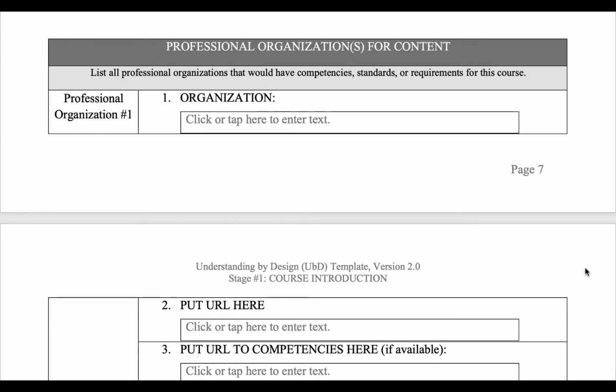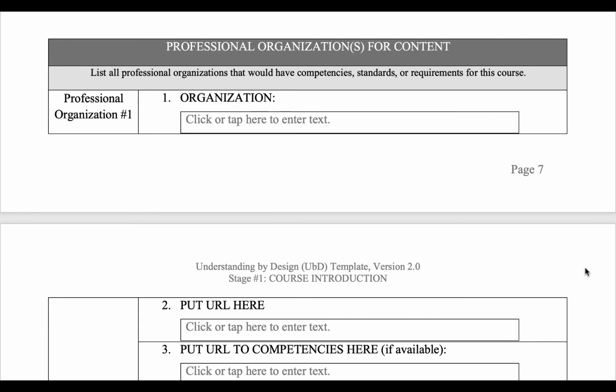Next we get into competencies. Understanding by design is also referred to as backward design. So we're starting at the end. We're starting with the big idea, what we want to accomplish with this unit. And now we're going to get into professional competencies.